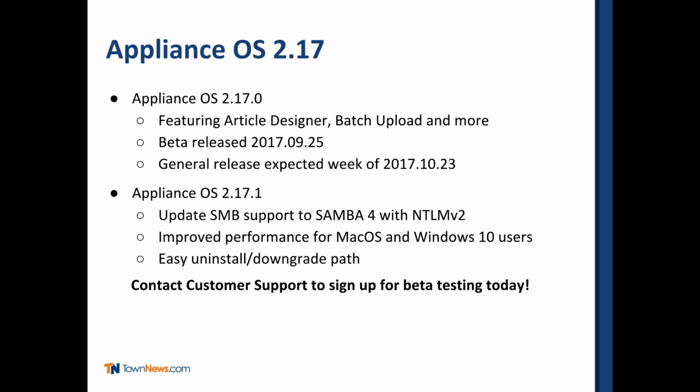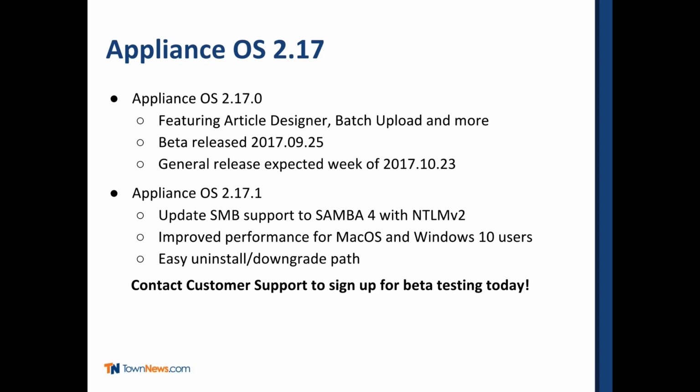Appliance 2.17.1 is a systems-only release. It's a single issue update. And the whole thing here is to update the communication for SMB, also known as Samba. And this should be a substantial performance update for macOS and Windows 10 users. It's also going to be the first appliance update that's going to have a very easy downgrade path.